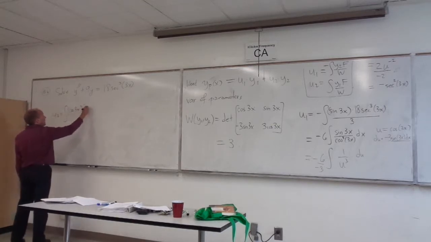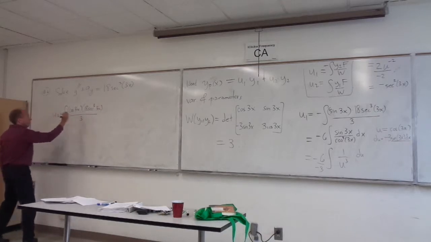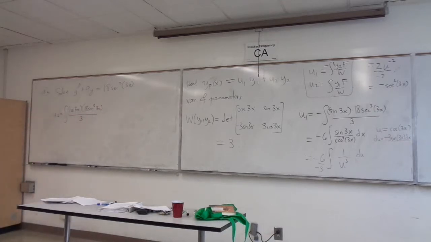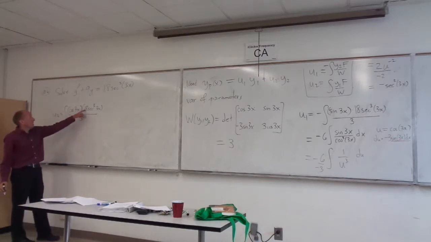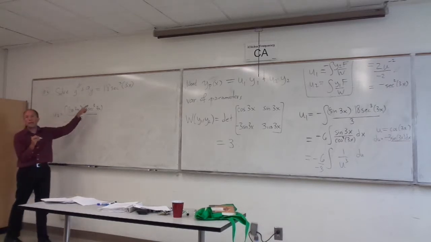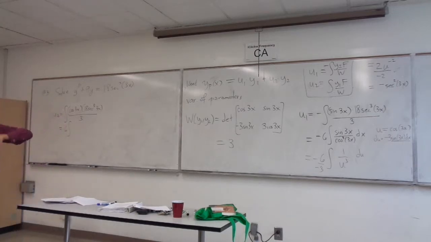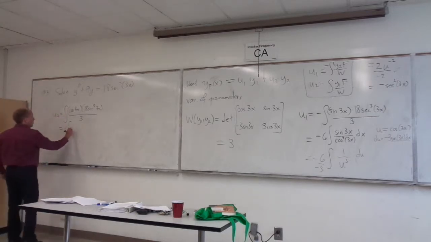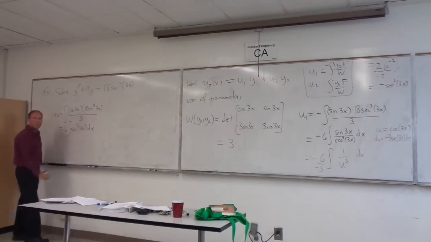Then we have 18 secant cubed of 3x, that's f, and then over 3. So as before, 18 over 3 is just 6. This time, cosine and secant are reciprocals. They actually will cancel one another, leaving me only with secant squared of 3x dx.